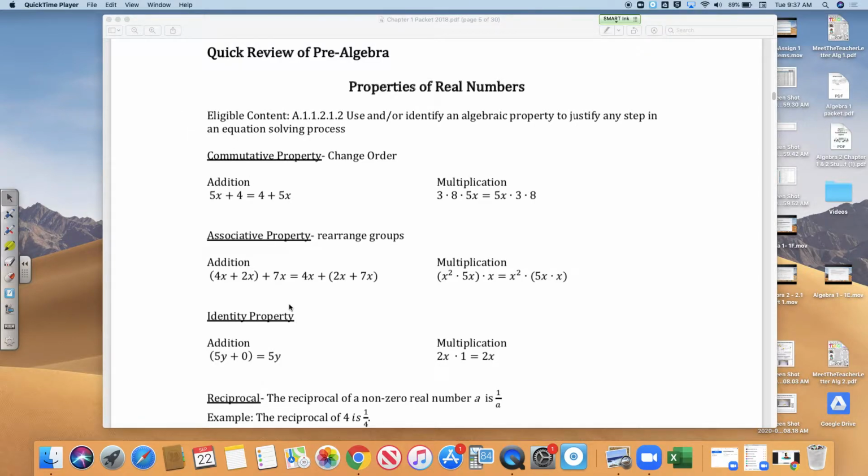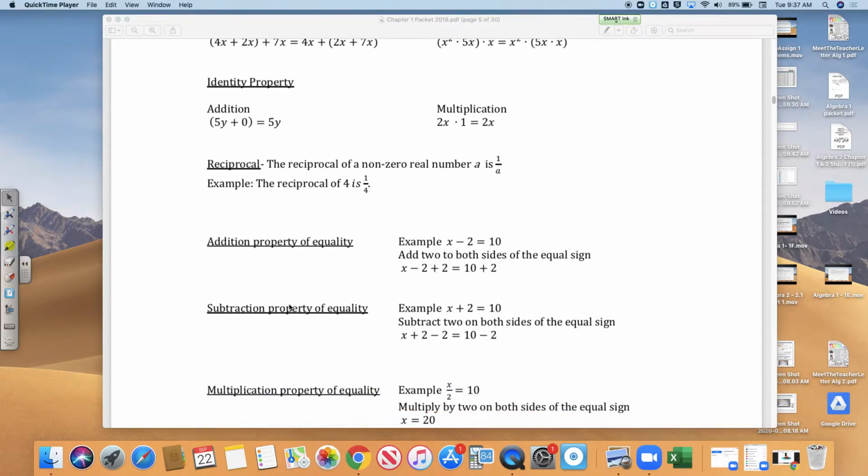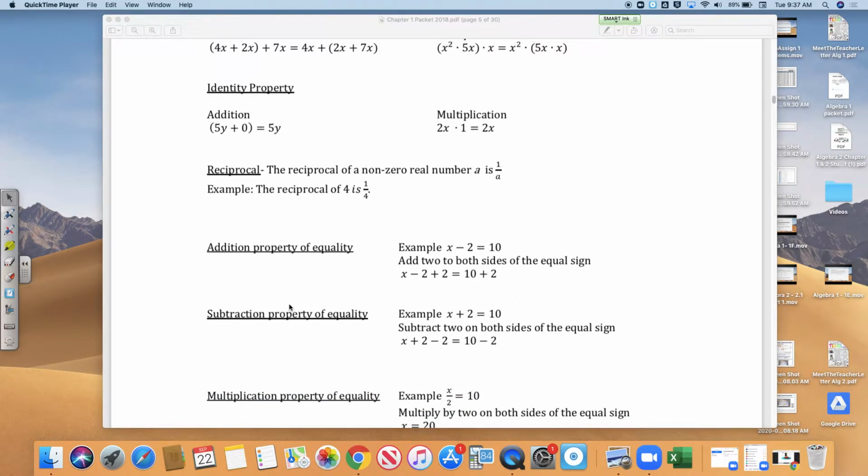The identity properties for addition, basically if you're looking for the identity property, you're thinking about 0, since adding 0 to anything keeps it identically the same. For multiplication, you're looking for a number you multiply by that keeps it exactly the same, and that is 1. Reciprocals. So the reciprocal of a number, a, is 1 over a. So you basically flip the number upside down and it becomes its reciprocal.